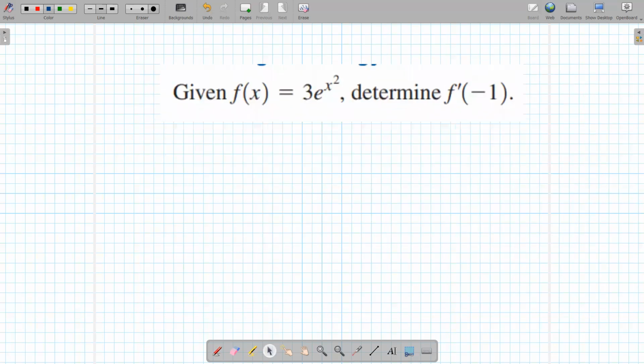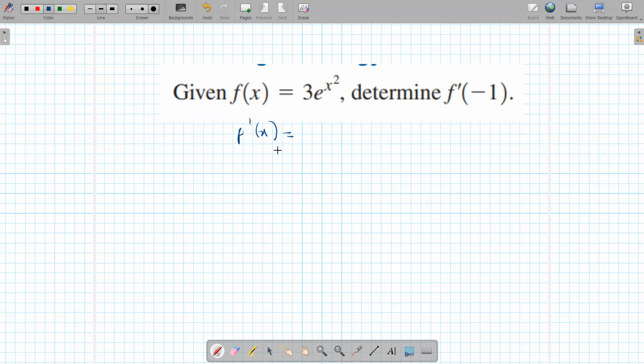Okay, the f of x is given. What's f prime of x? You're gonna literally rewrite the same thing, right?